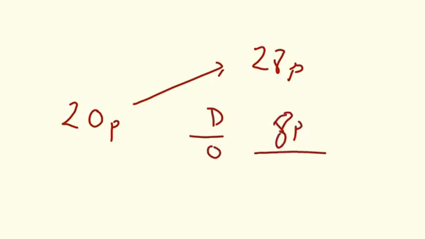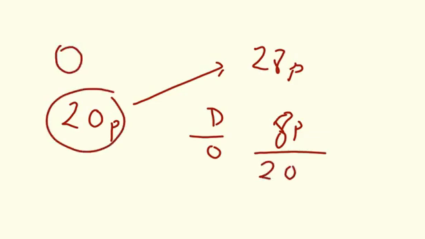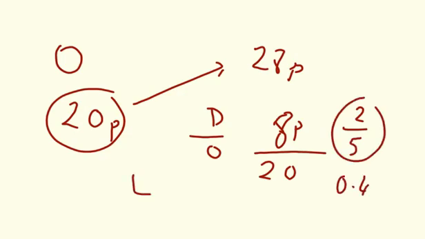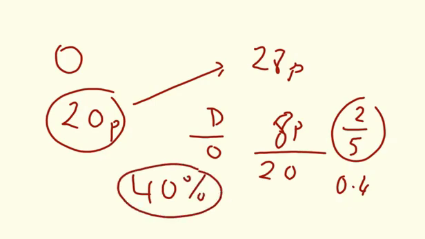Divided by original was 20. This is the original. So what numbers go into this? Divide 8 by 2, or you can divide it by 4. 8 divided by 4 is 2. 20 divided by 4 is 5. 2/5 is equal to 0.4, which is a 40% increase. So it's a 40% profit.